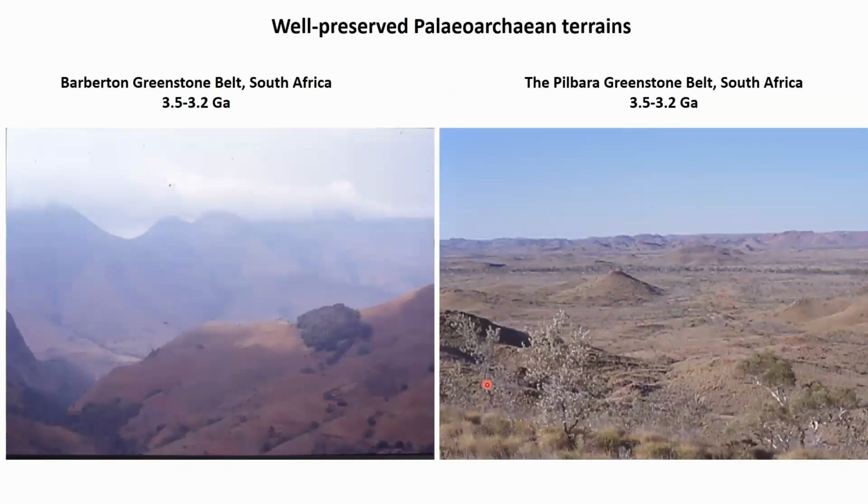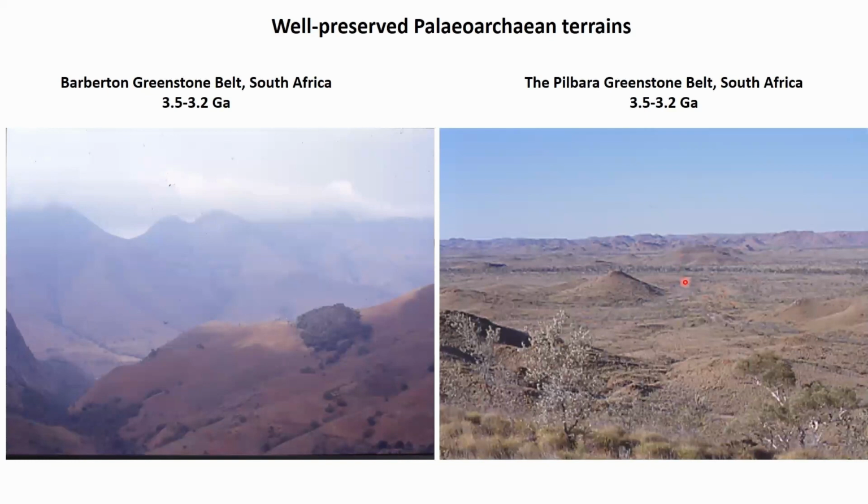This is what the areas look like today. The Pilbara is basically a desert. This is a photograph in the Australian midwinter, so there's a little bit of green. It's an area called the North Pole because the Australians have a very interesting sense of humor. It's one of the hottest places in Australia, which is why it's called the North Pole.